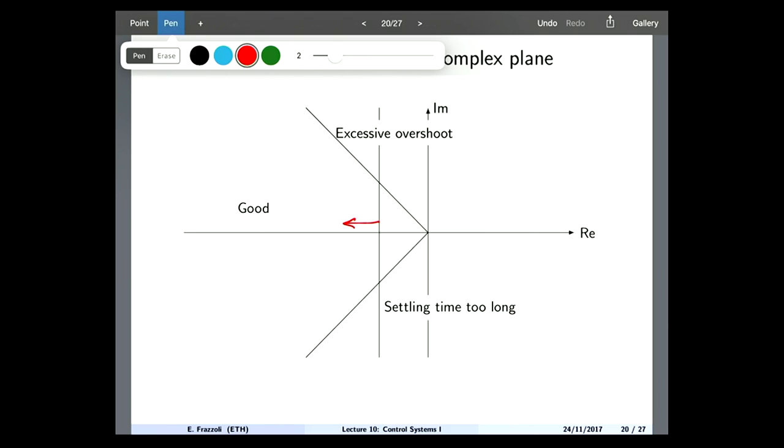So that the settling time is small enough. Otherwise, your system is too slow in settling down. You want your damping ratio to be bigger than something. Otherwise, your peak overshoot is too large, okay?